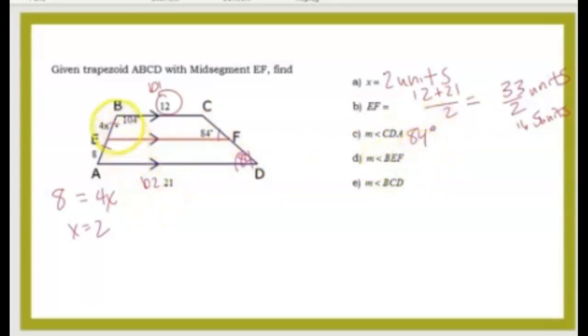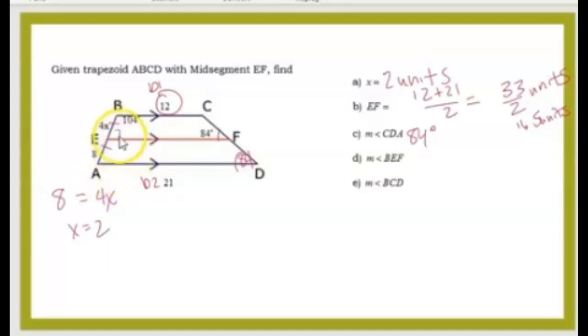Next is BEF. So using those same properties of parallel lines and transversals, these are consecutive, same side interior. So they are going to add up to 180 degrees. So that means this is 180 minus 104.